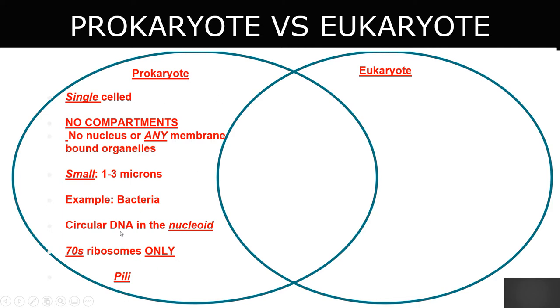These are the characteristics that are unique to prokaryotes only, but they share some things in common with the eukaryotes. Both cell types have cytoplasm. They all have some stuff inside. And both eukaryotes and prokaryotes have these 70S ribosomes, although the eukaryotes have an additional different kind.